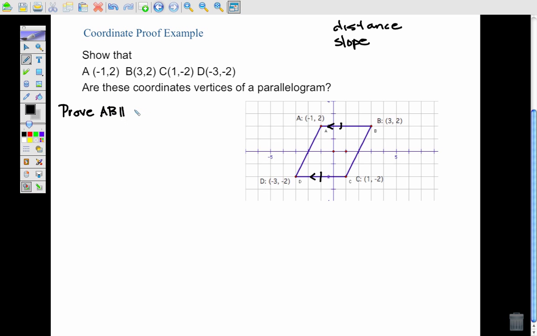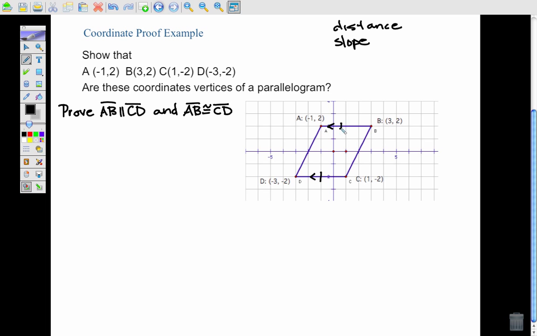So first we're going to prove that AB is parallel to CD and AB is congruent to CD. We prove both of those things, then we've proven that we have a parallelogram.